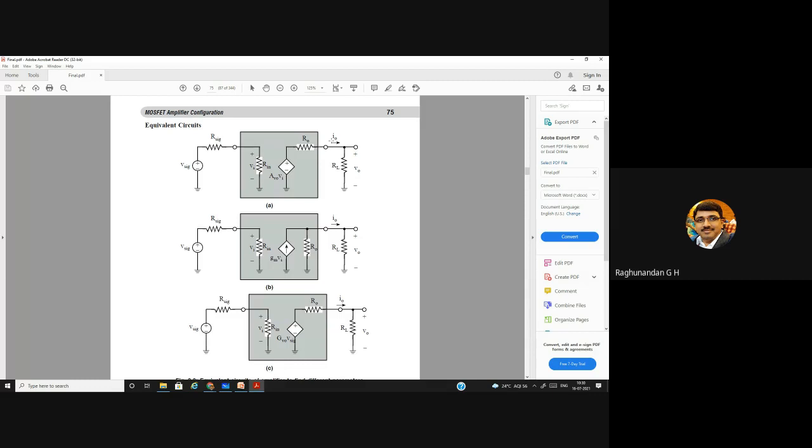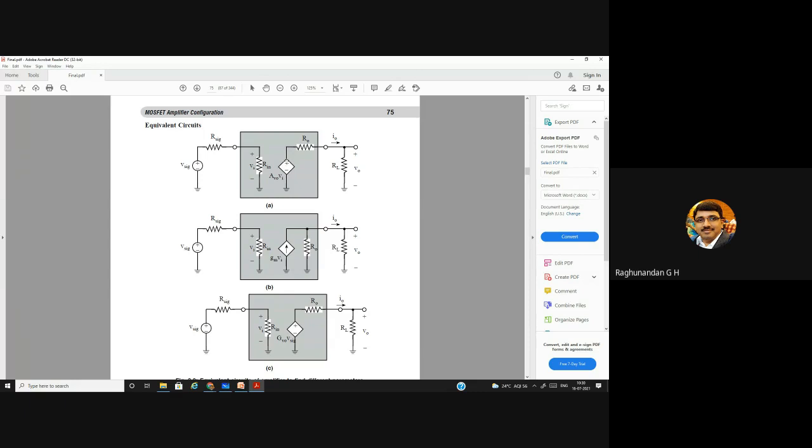So the secondary part of the MOSFET has a dependent voltage source, which depends on the overall gain as well as the input. Because of this, we get the amplified version of the input at the output side. This can again be converted in terms of current and resistor by the source transformation theorem.